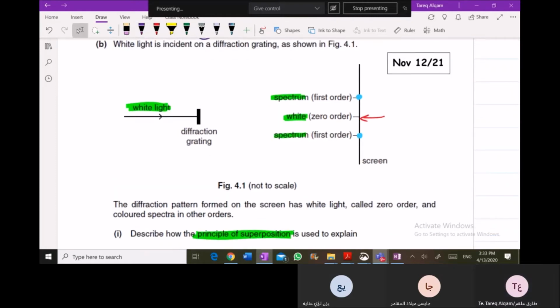Here there's a white light incident normally on the diffraction grating. We will observe an interference pattern: bright, dark, bright, dark, and so on.